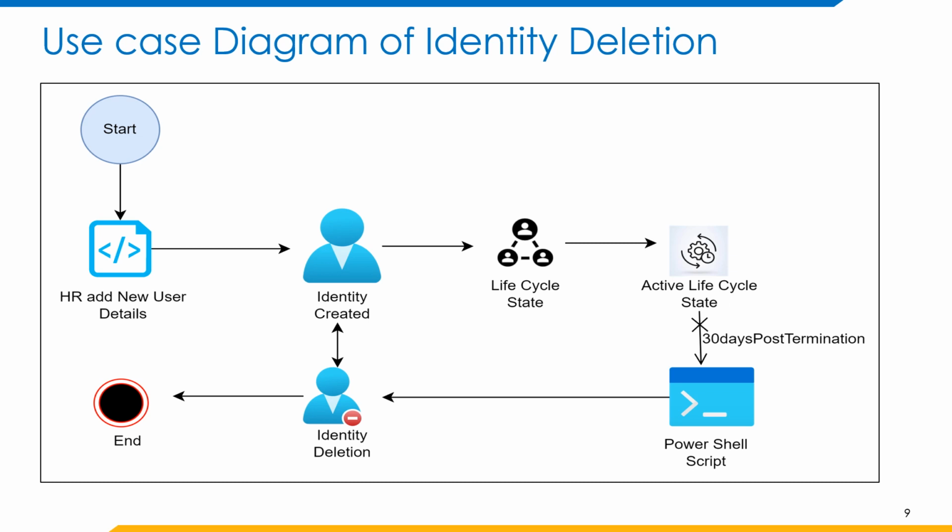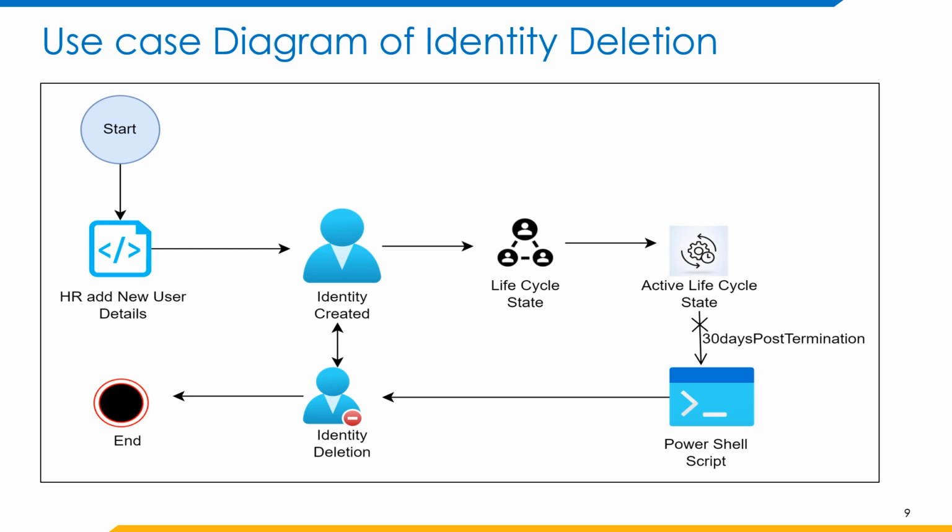When a user quits the organization, HR will update the user end date and the termination date in the source of truth and that gives the individual a new lifecycle state based on the end date. For example, terminated or 30 days post termination. This will vary based on the client requirement.